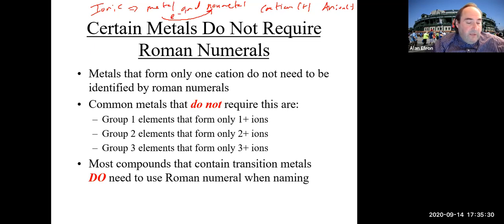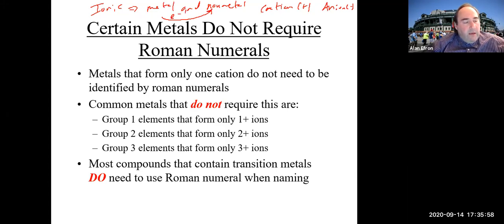If you remember, group 1 will always form a +1, group 2 will always form a +2 charge, group 3 will form a +3 charge, really aluminum. And then those transition metals, zinc, cadmium, and silver, sort of like a backwards L. Zinc and cadmium will always form a +2 charge no matter what the situation is, and silver will form a +1 charge no matter what the situation is.